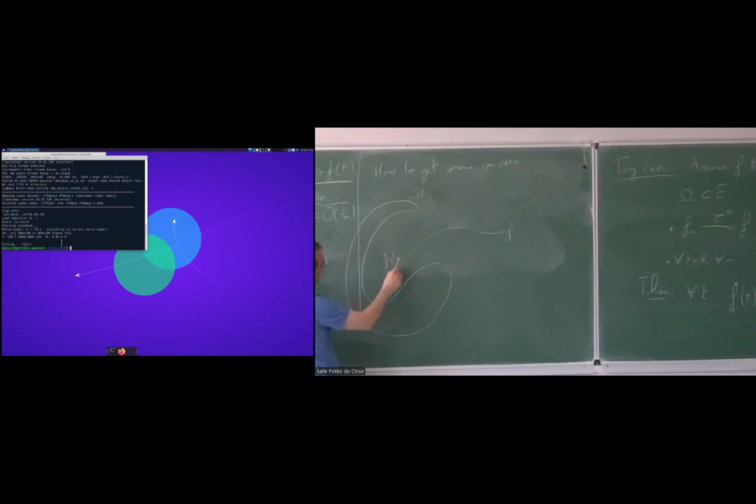And you know that this derivative is in the convex hull of omega. So by assumption, what it means that it's in the convex hull is that you can take here, in this case, 3 points. And this vector f dot of 0 is a barycentric combination of those 3 vectors.